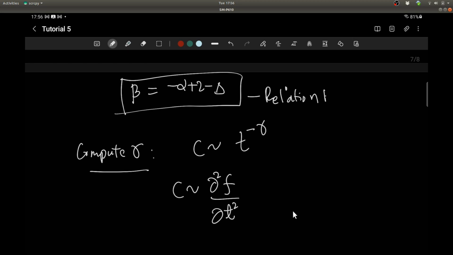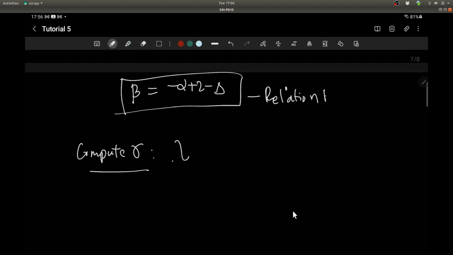Oh, sorry, C gives alpha. We have already done that. So we have to now look at, terribly sorry, chi, which, if you think about it, is dm by db. So it is d square f by db square.